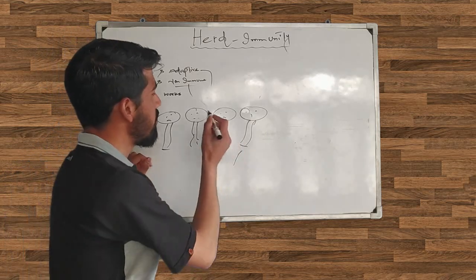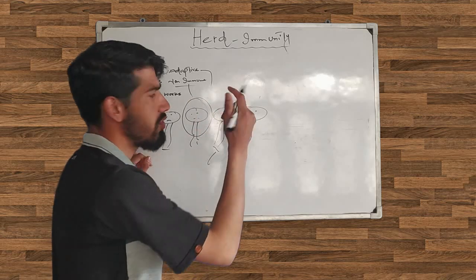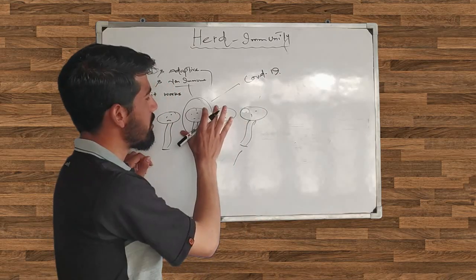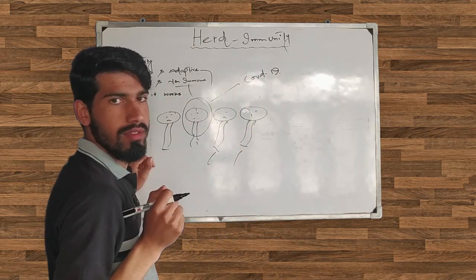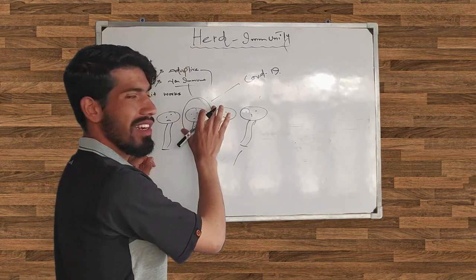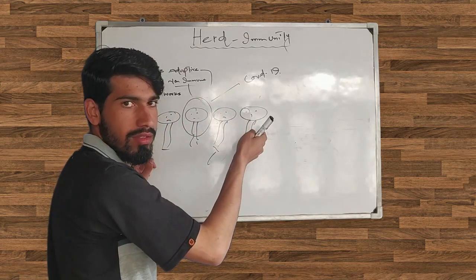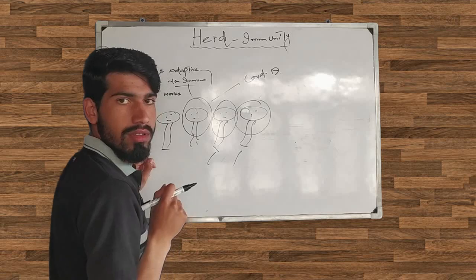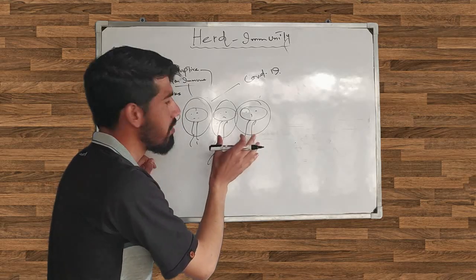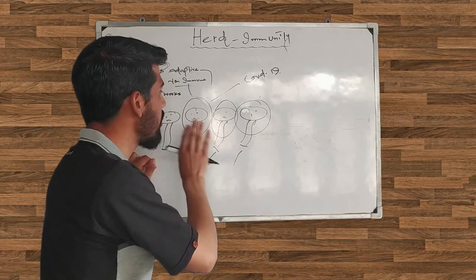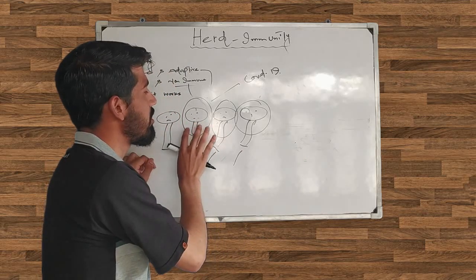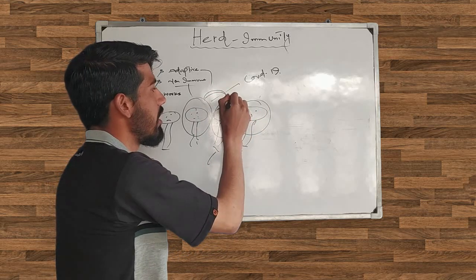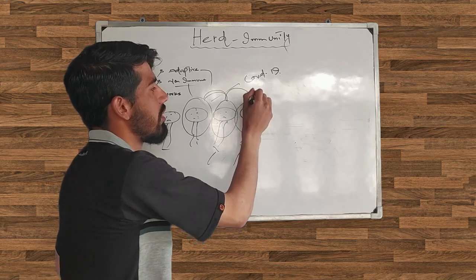This person catches the disease, let's assume COVID-19. What happens is this person transmits the COVID-19 to the others. These are the non-immune persons. These are healthy persons, but they have not caught the disease yet. But after this person is infected by COVID-19, this person transmits the disease to the others, and this person transmits it to another one.